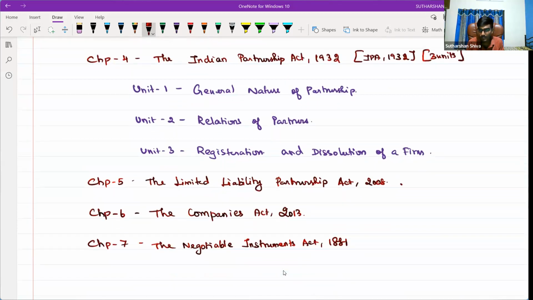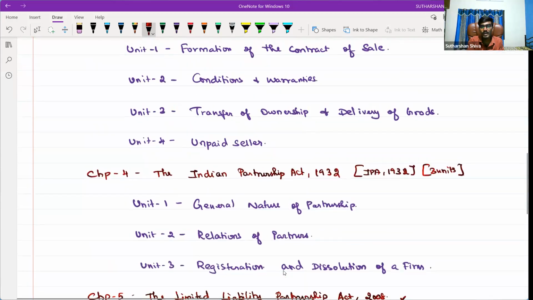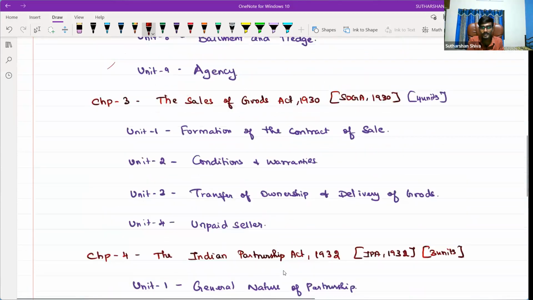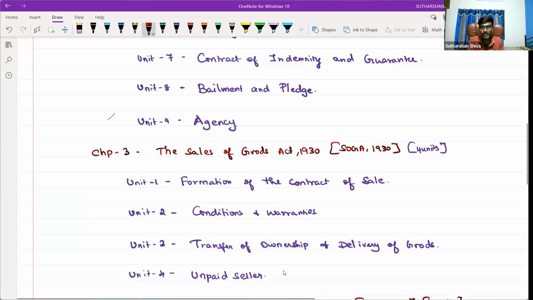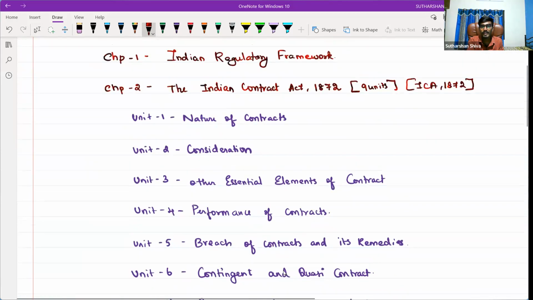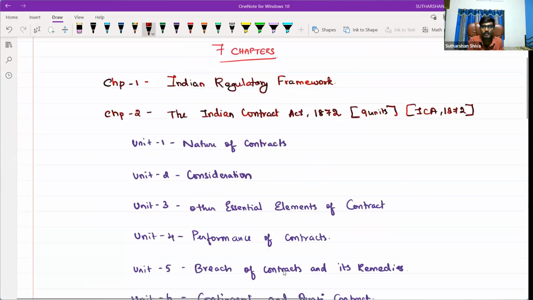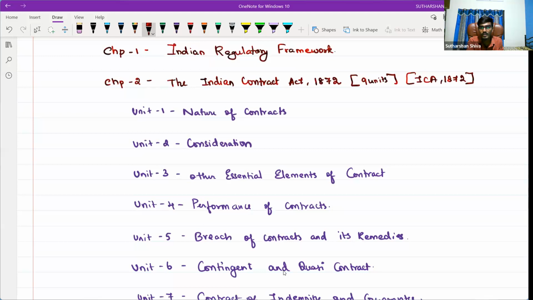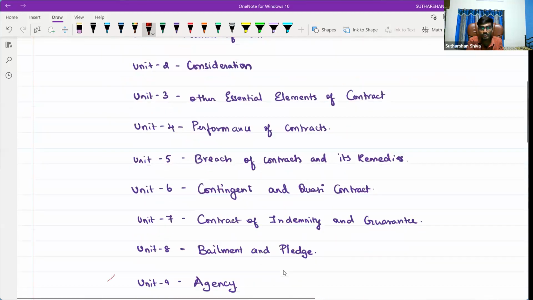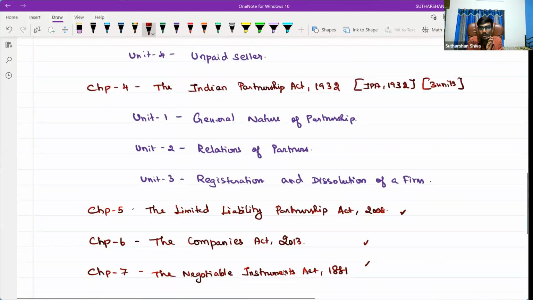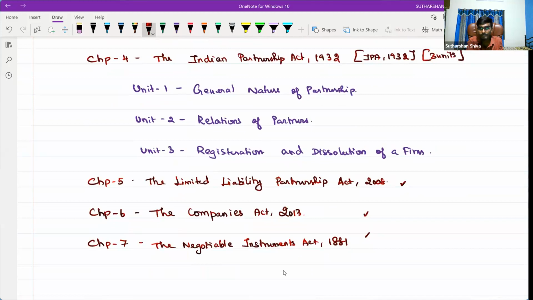I will consider these as units: 1 unit, 2nd unit, 3rd unit. Then partnership you have 3, so total 6. Then Sale of Goods Act is 4, so total 10. And partnership you have 9, so it is 19, and along with chapter number 1, Indian Regulatory Framework, it is 20.